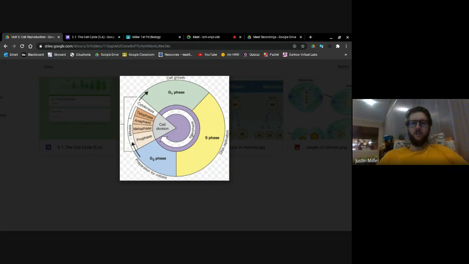Now, the word inter means between. So interphase means the phase between times where the cell is going through mitosis. So the cell is either going through mitosis, where it's actually splitting in half into two separate, identical cells, or it's between the time that it's doing that and not doing that.